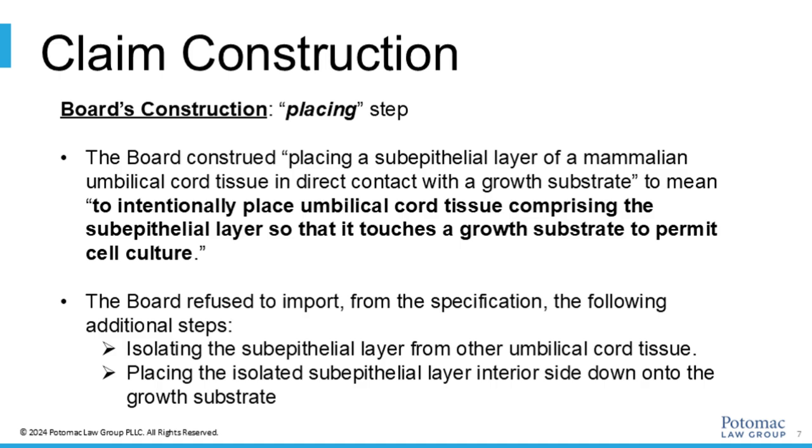And the way the board construed that limitation was to intentionally place umbilical cord tissue comprising the subepithelial layer so that it touches a growth substrate to permit cell culture. So that's the way it was construed by the board.